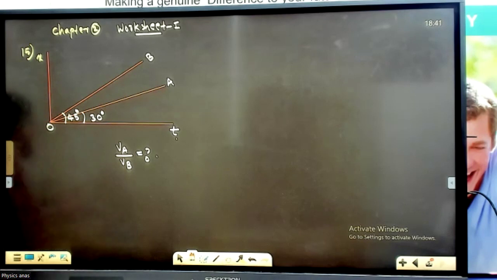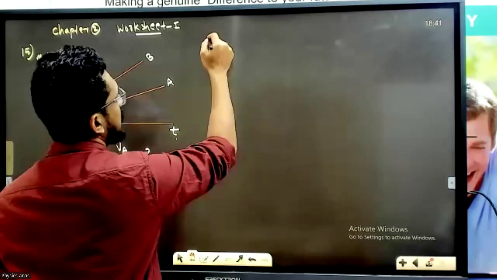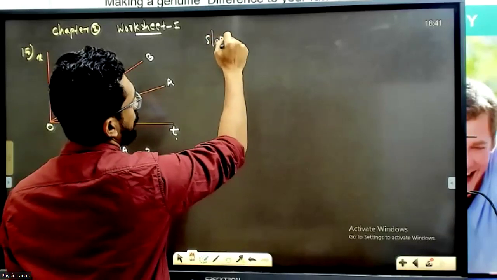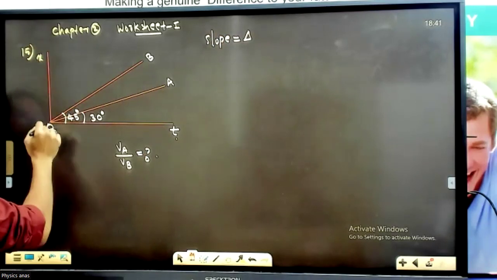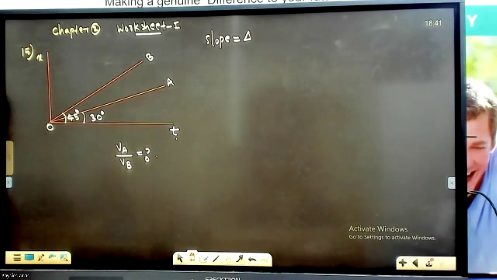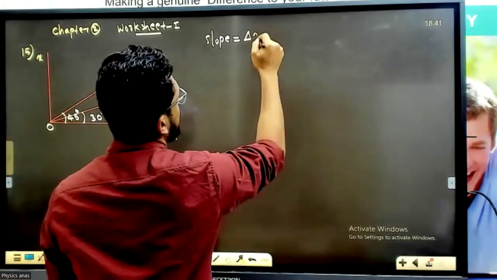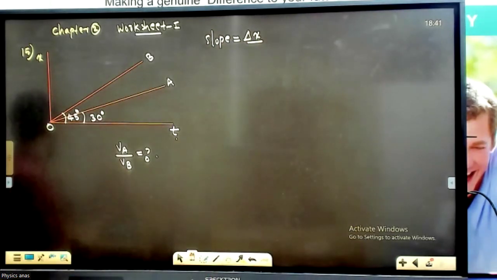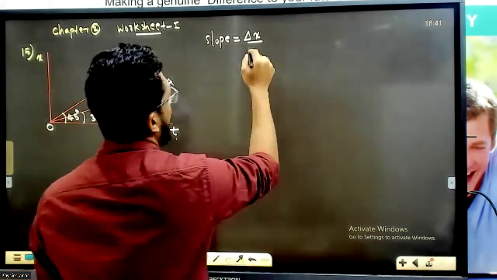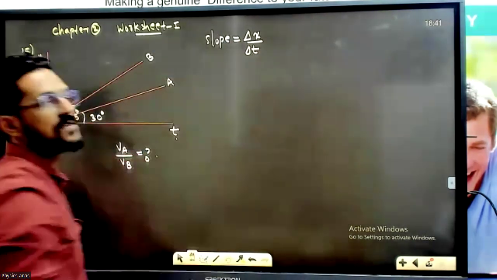The slope of a displacement time graph will be y by x, right? What is y? Y is delta x, and x is delta t. So delta x by delta t is the slope.